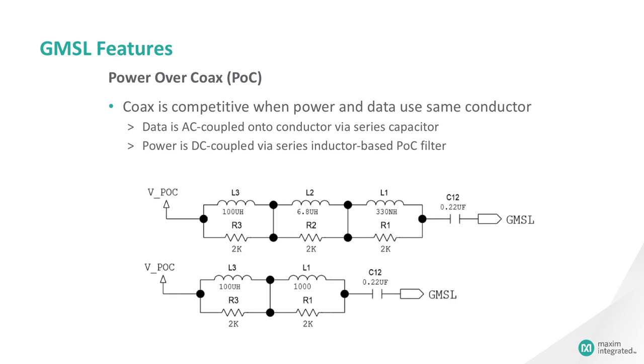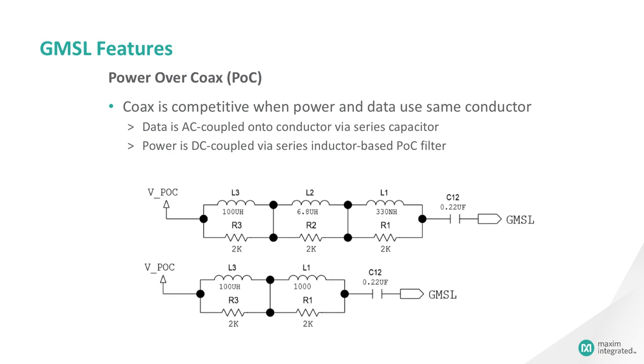Series capacitors are used to AC couple the forward and reverse channels. Power over coax filters use series inductors to DC couple the power component of the cable signal. Common power over coax, or POC, filters use inductor-resistor pairs to act as a low-pass filter across a wide frequency range, similar to using several bypass capacitors of different sizes.